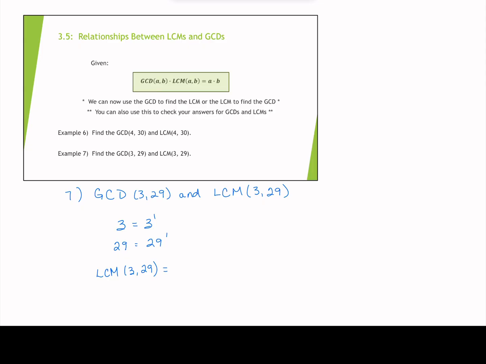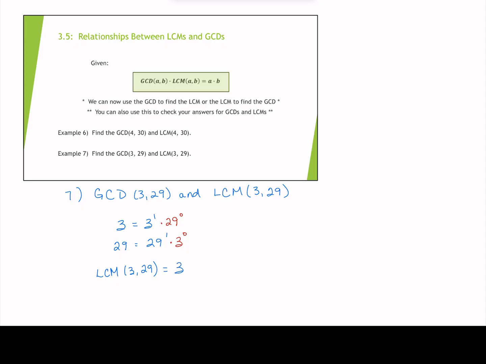Well, there isn't a whole lot to choose from. We've got base 3 with a power of 1. And again, if we want to imagine base 3 as part of the factorization for 29, we would just say that's 3 to the power of 0. Same thing with 29: we have 29 to the power of 0, so we're just using those to hold space, because we know for an LCM we want to pick the single highest power for any given base.